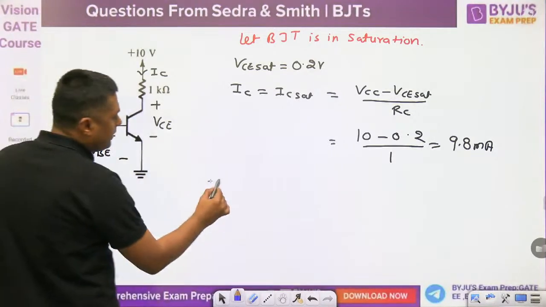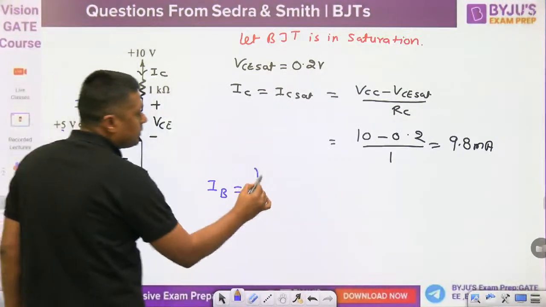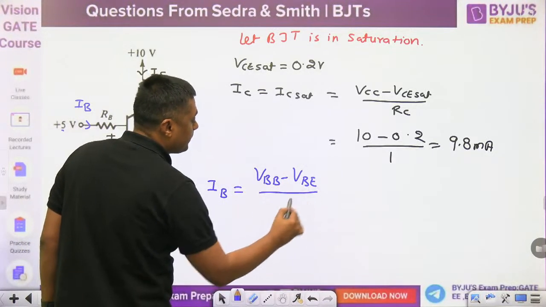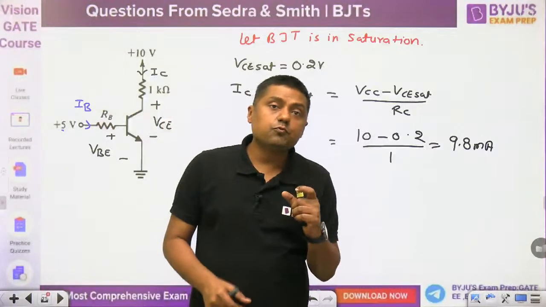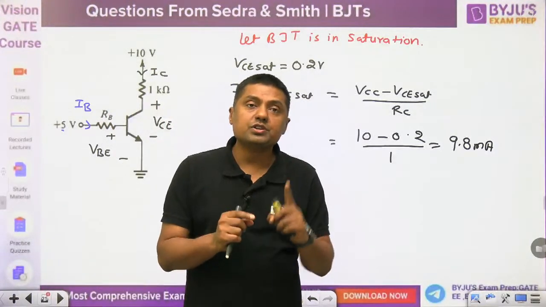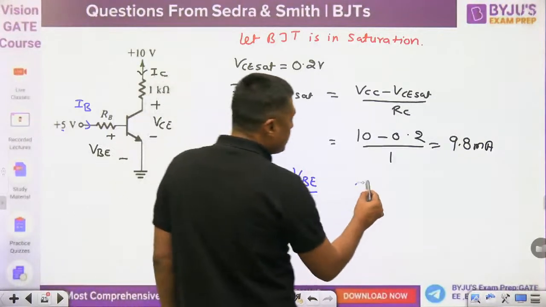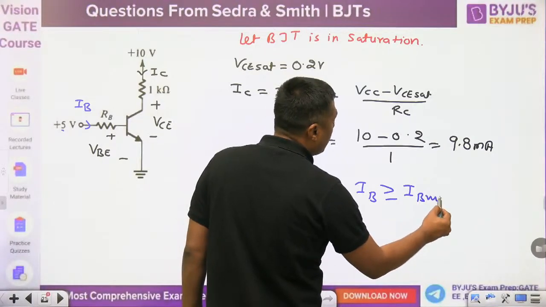IB is given by, this is called VBB, VBB minus VBE upon RB. This is the actual current. For saturation, this IB should be greater than or equal to IB minimum.